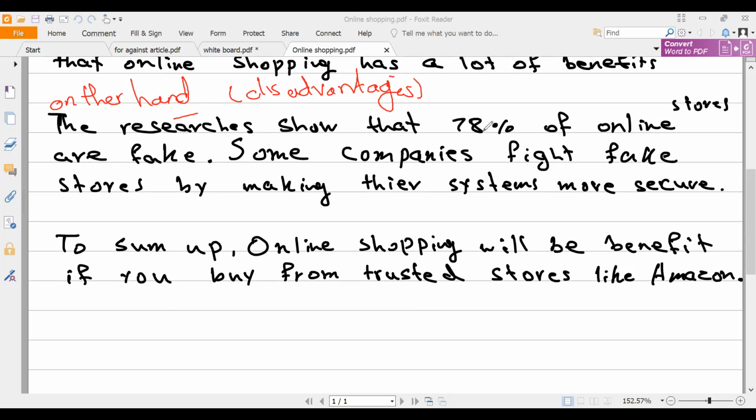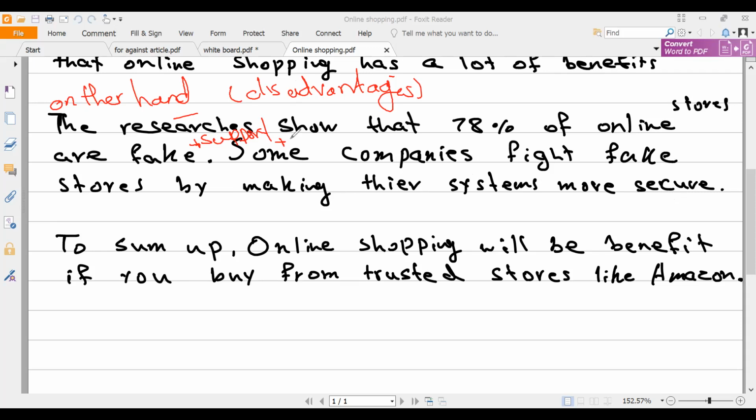"The researchers show that 80% of online stores are fake." Also you said a point without support. Explain it, Muadh. "Some companies fight fake stores by making their systems more secure." You should tell me why buying fake products online is a problem, and if it's fake, how I avoid it or why I should avoid it.